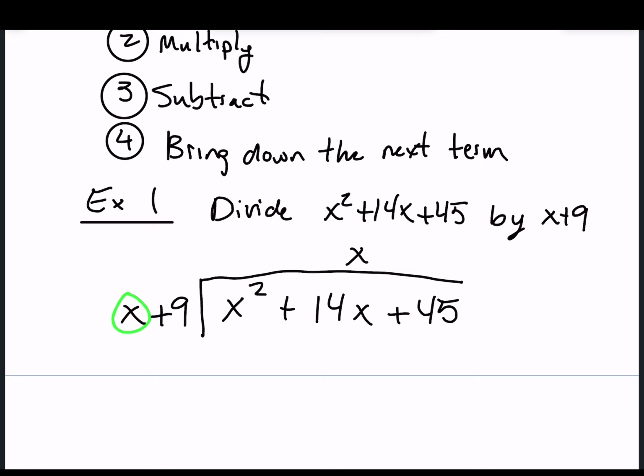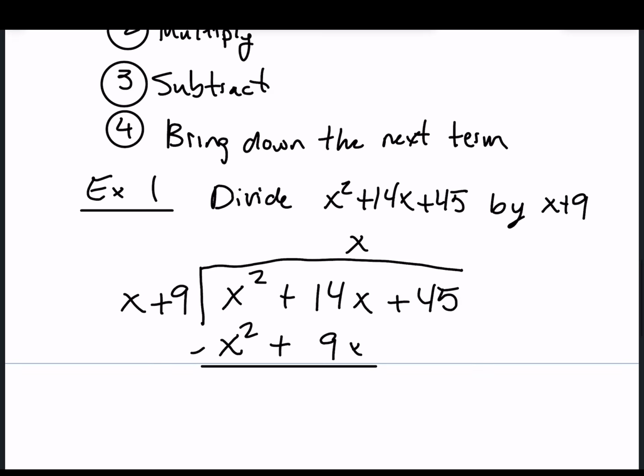Now we say x times x is x squared, and 9 times x is plus 9x. Then we subtract after we've multiplied. x squared minus x squared is 0x squared, and 14x minus 9x is 5x. We'll bring down our 45.